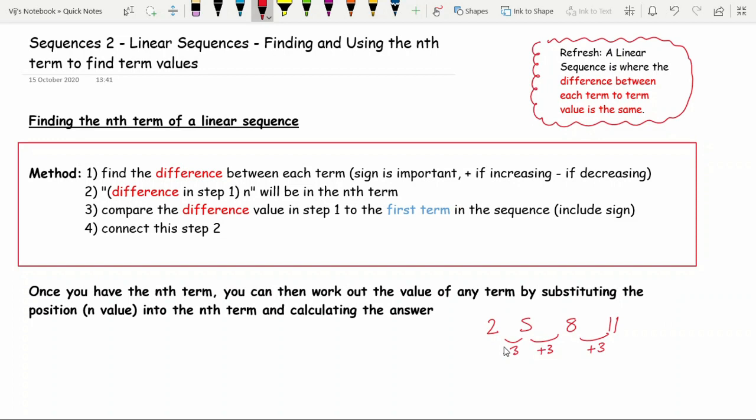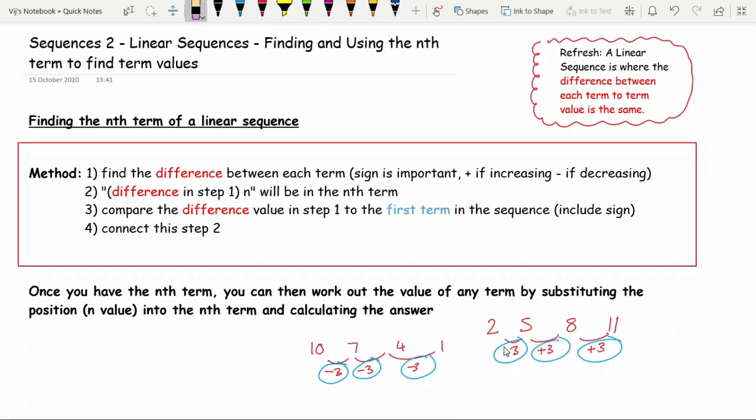And if I had a sequence of 10, 7, 4, 1, you can see here that yes, the difference is 3, but it's minus 3 because it's going down by 3. So the sign in which you write down the difference is really important. When we're talking about the difference, that's these numbers here, not the numbers in the sequence, but the actual difference, including the signs.